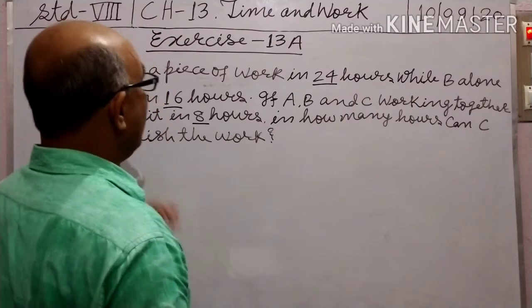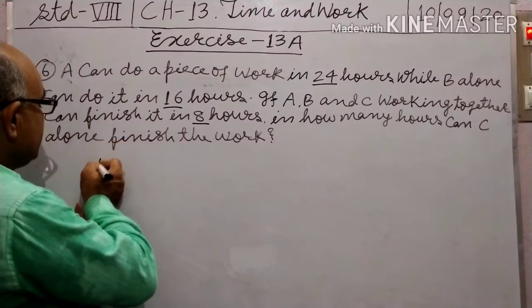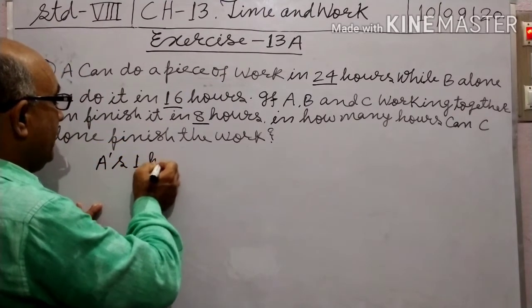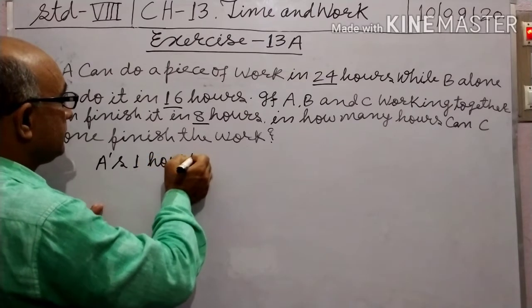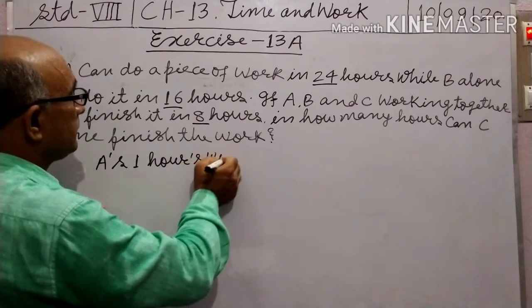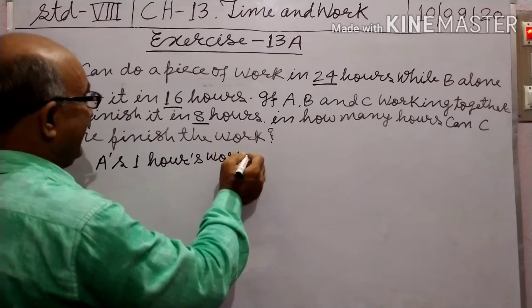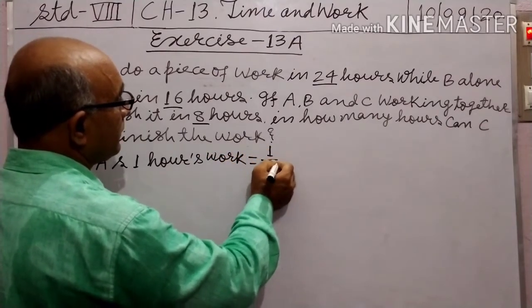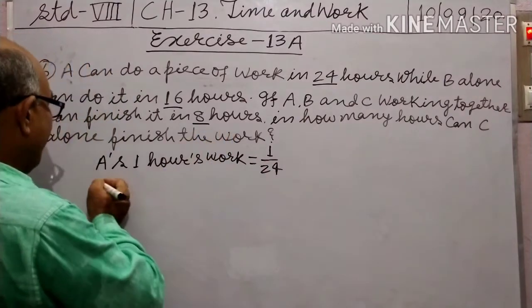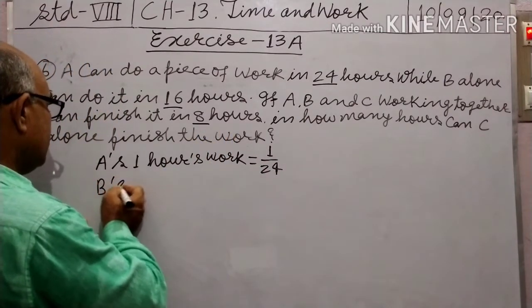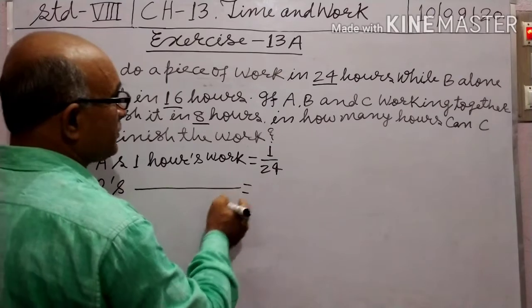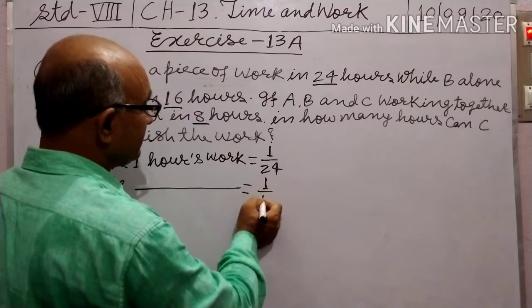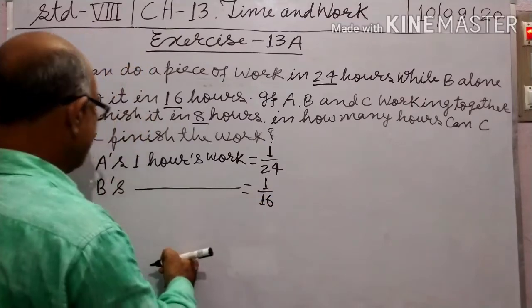So A's 1 hour's work equals 1 by 24, while B's 1 hour's work equals 1 by 16.